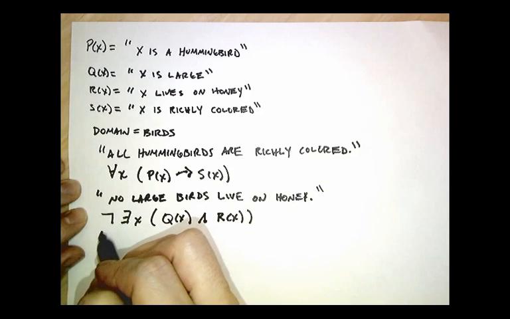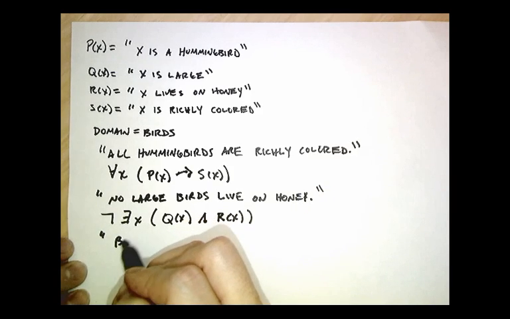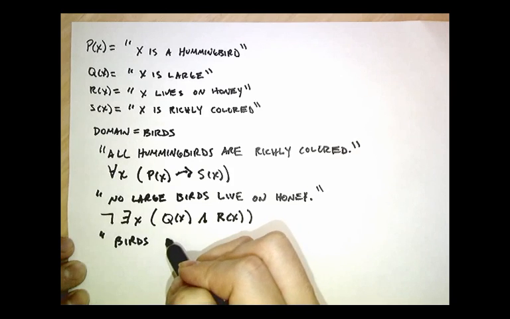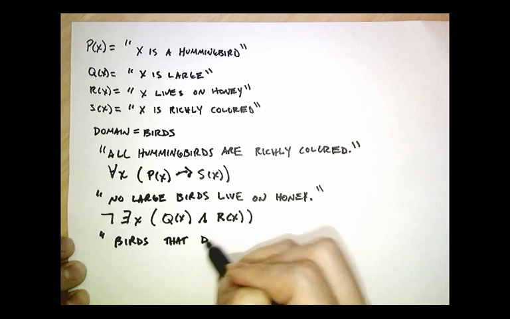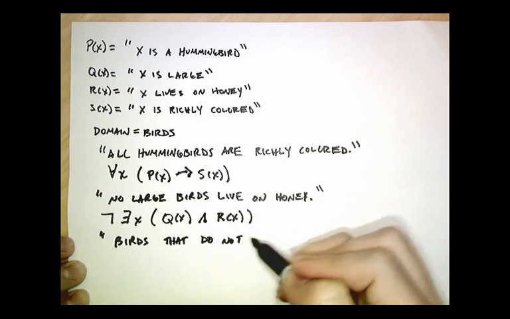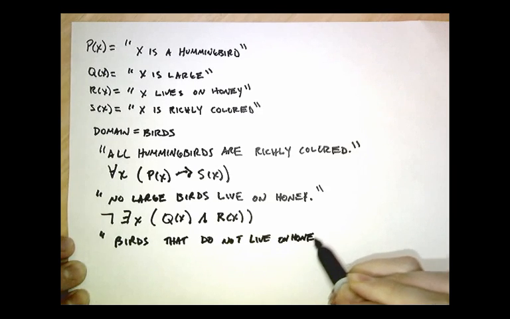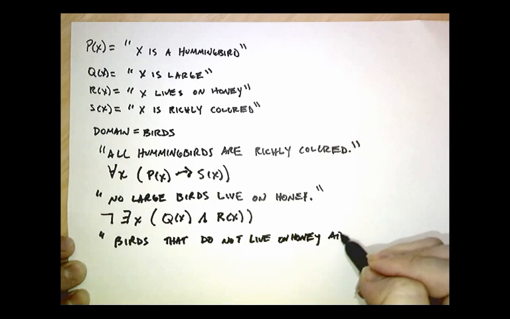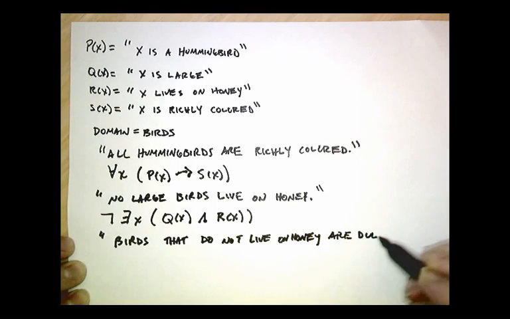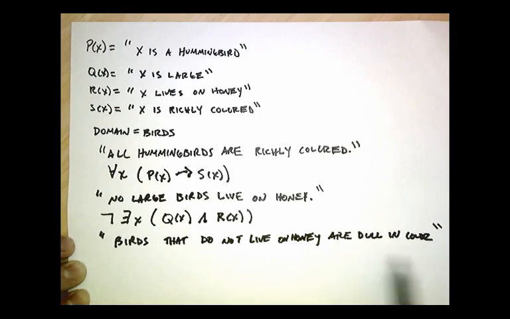Okay, how about this one? Birds that do not live on honey are dull in color. So birds that do not live on honey are dull in color.